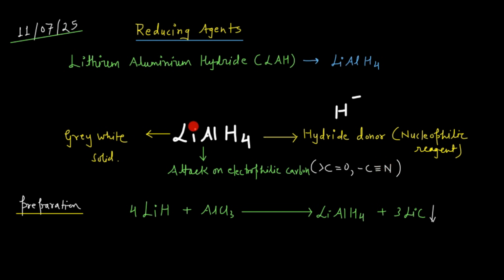The physical state of lithium aluminium hydride is a gray white solid. How can we prepare this gray white solid? For this we need to take four equivalents of lithium hydride and react them with aluminium chloride.